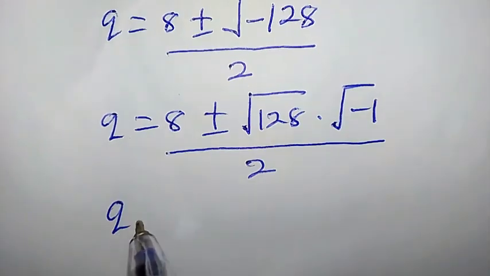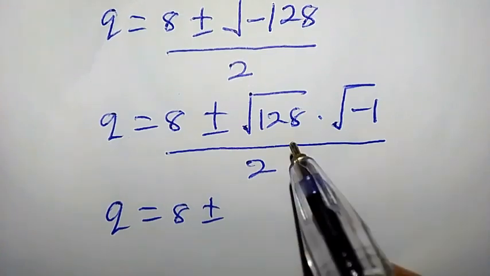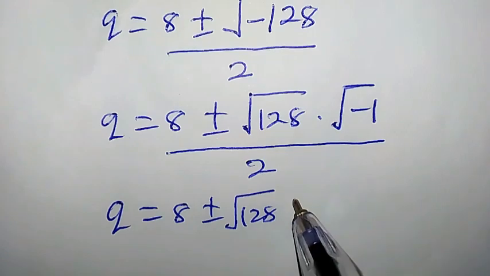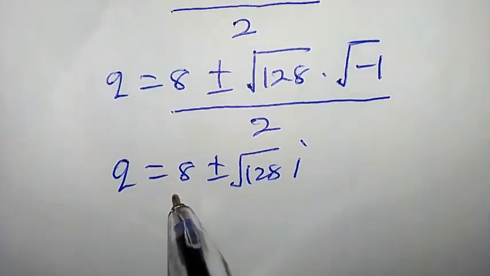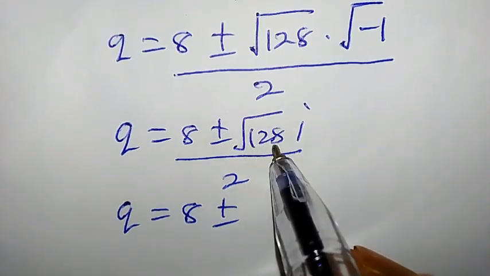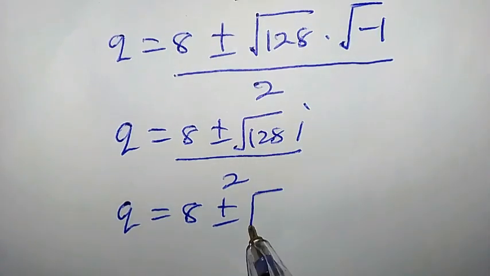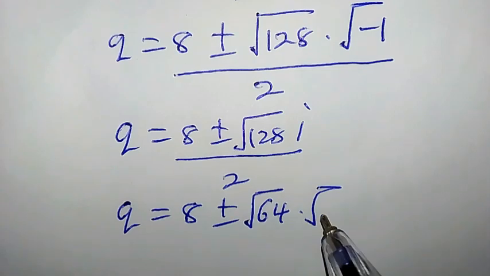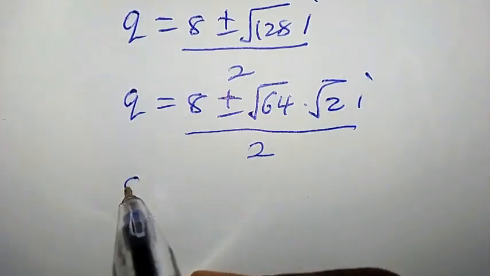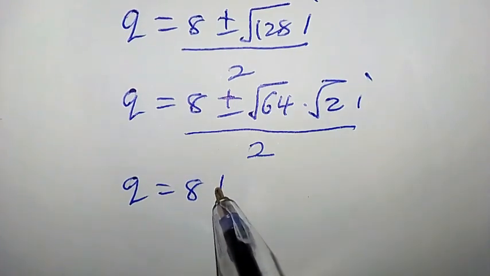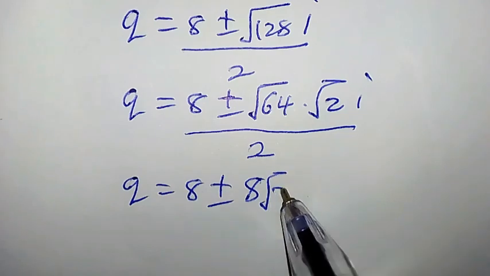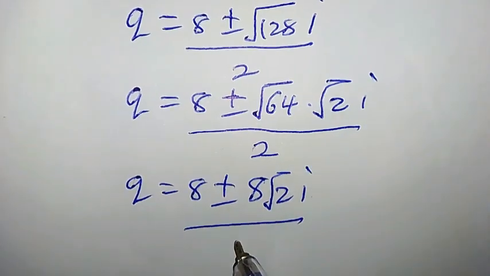Let's proceed further. Q equal to 8 plus or minus square root of 128. This square root of negative 1 is I from the complex numbers, all over 2. Q equal to 8 plus or minus square root of 128. We can rewrite it as square root of 64 times square root of 2 times I, all over 2. Square root of 64 is simply 8, times square root of 2 times I, all over 2.